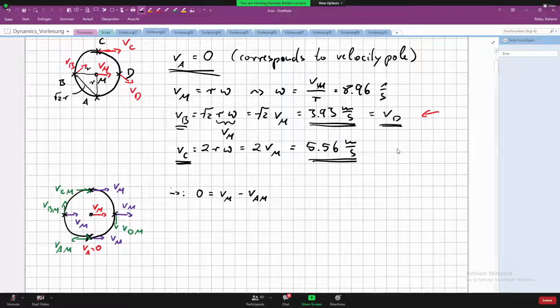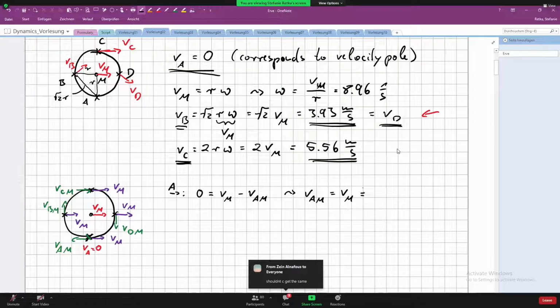So here for point A, I'm talking about point A. Now we can rearrange the equation. VAM is equal to VM. And since it's the rotation, the distance between the points A to M is the radius R times omega.